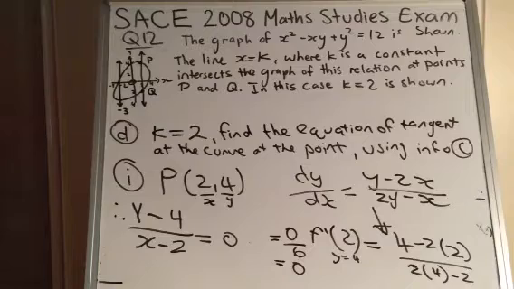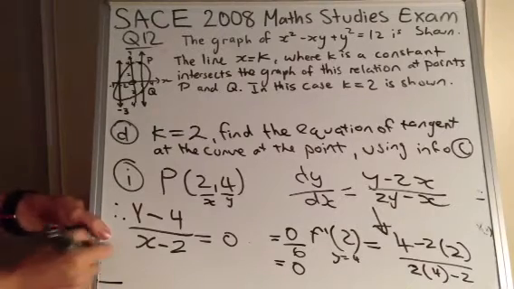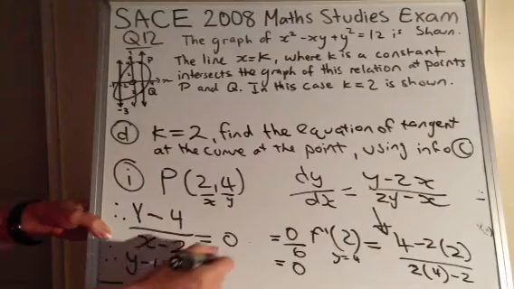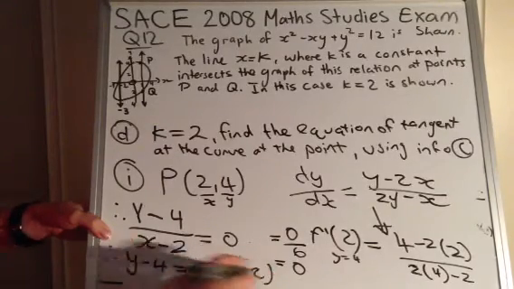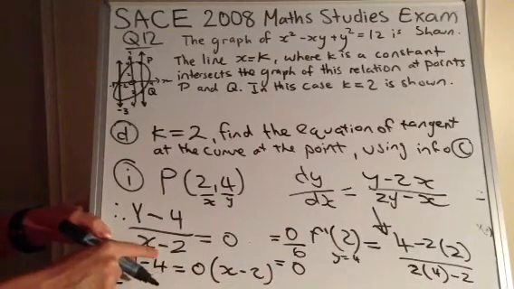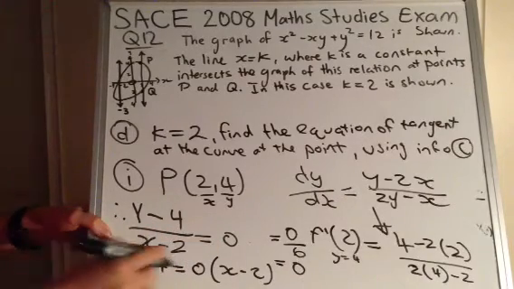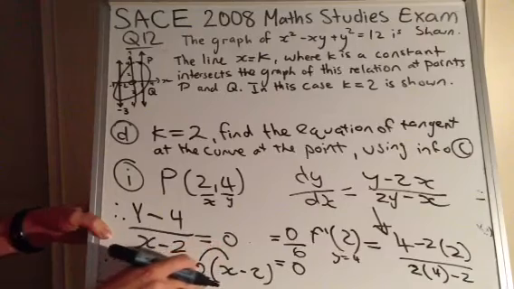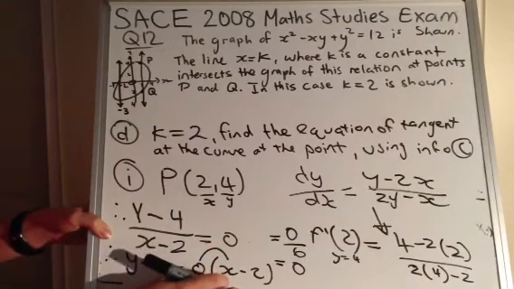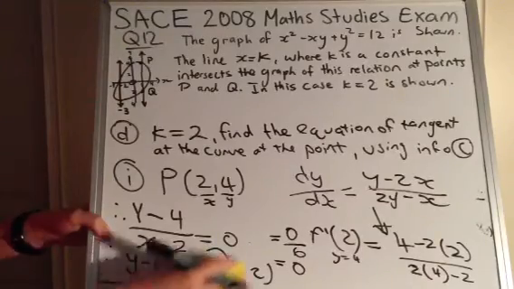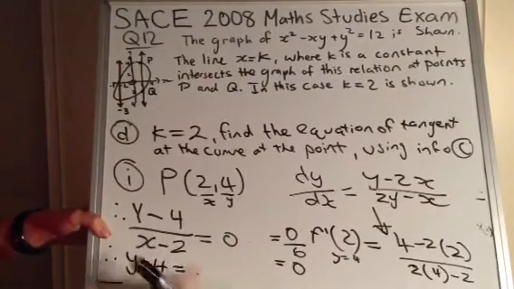So we're going to be able to get a function from that. So y take 4 is equal to 0 lots of x take 2. I just moved this from the denominator on the LHS to the numerator on the RHS, and then from that we expand that and we see that we get 0 times x, 0x, and 0 times negative 2, which is going to make us pretty much have 0 there.